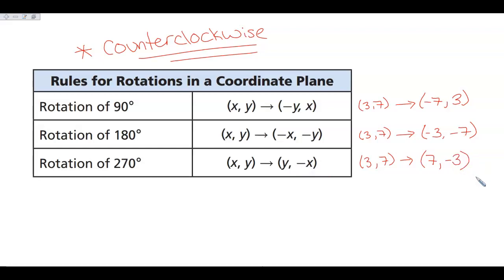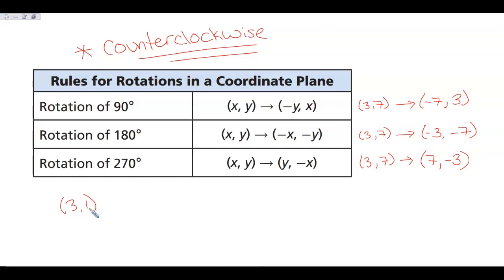All right, so this is how we're going to use these rotation rules. And I would highly suggest that you do memorize them. It's going to make your life a lot easier. One thing that you can always do, and I recommend that you take a point like 3, 1, something that's not in the middle, it's close to an edge, but it's not like 1, 1 or 2, 2 or 3, 3, because that's not going to help you.